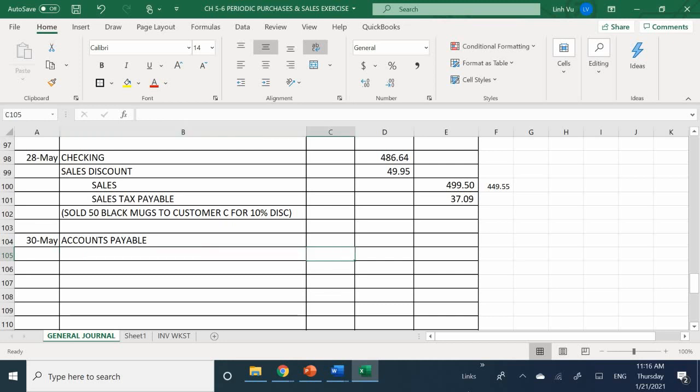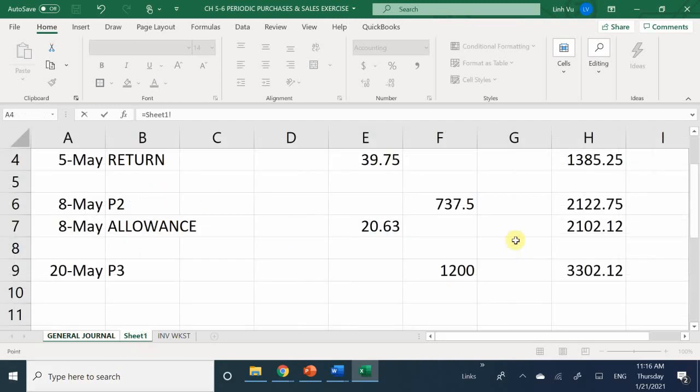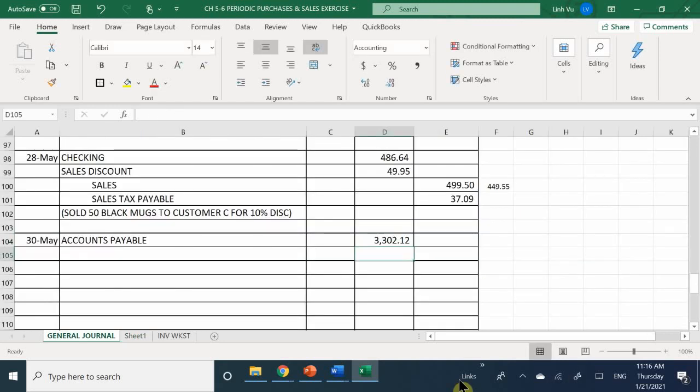What was the total amount of accounts payable I actually owe? You guys remember? Okay, so if I look at this, my total accounts payable is going to be $3,002.12. So that's accounting for all three bills.